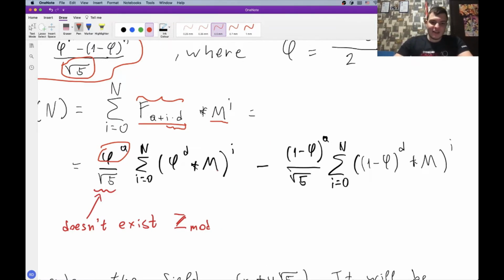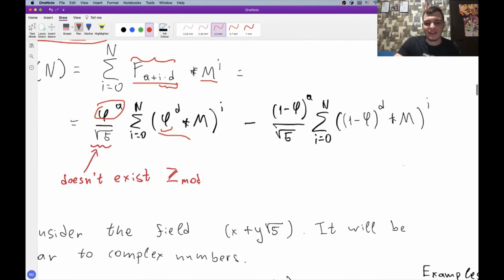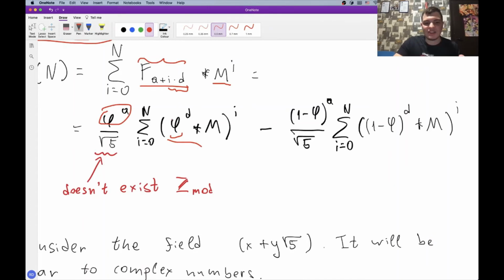So in a way, this thing inside is a constant because d is a constant and phi is a constant. Overall, right now, we just want to find the geometric progression of some matrix. The new matrix is m prime, which is phi to the power of d multiplied by m. If we get this matrix, which is inside, we find its value, which is easy because we already know m.